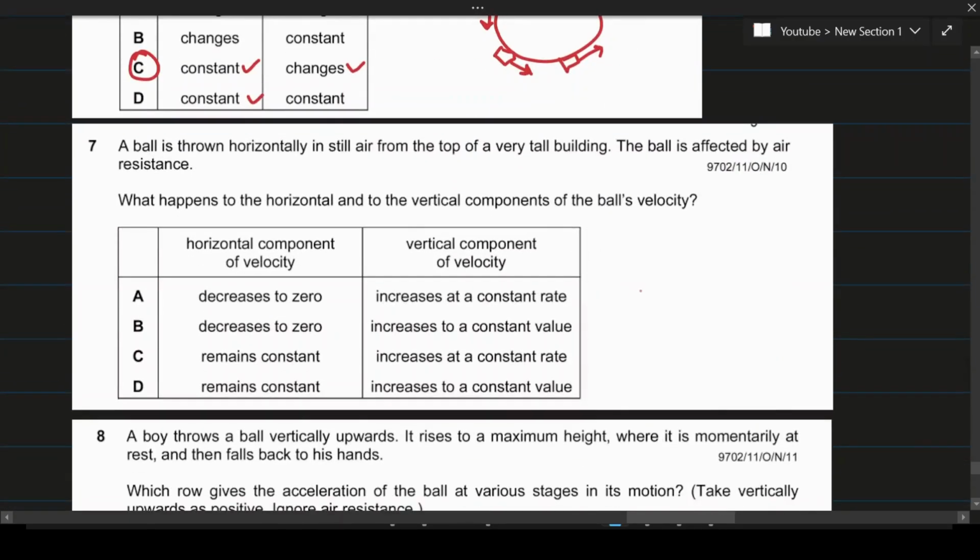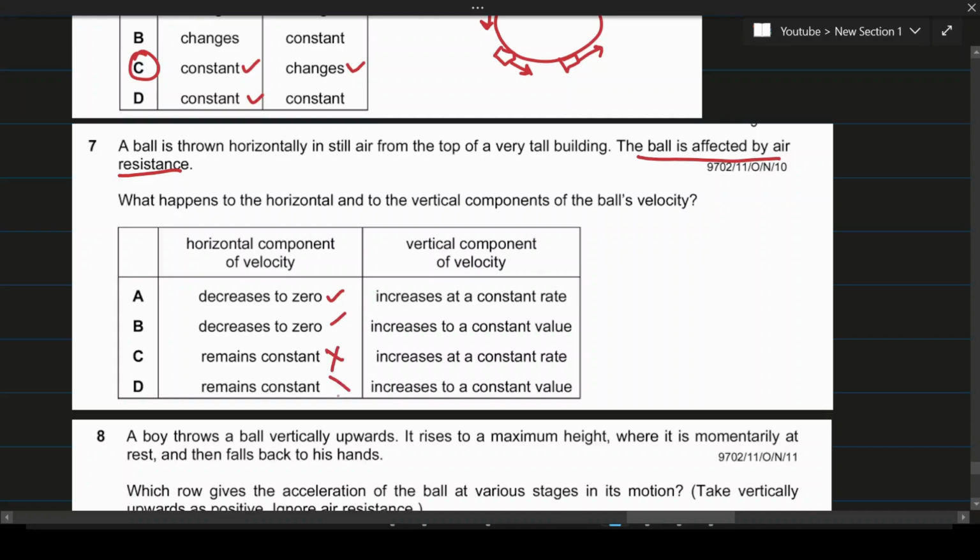A ball is thrown horizontally in air from the top of a building. The ball is affected by air resistance. Now the air resistance is not negligible. So what happens to the horizontal and to the vertical component of the ball's velocity? The horizontal component would decrease to zero.